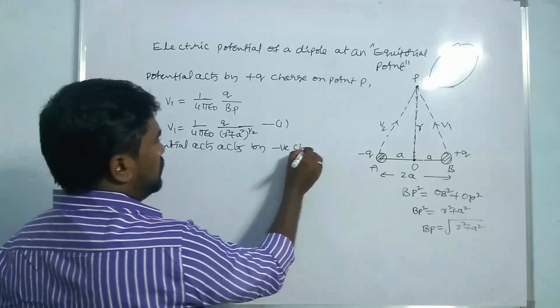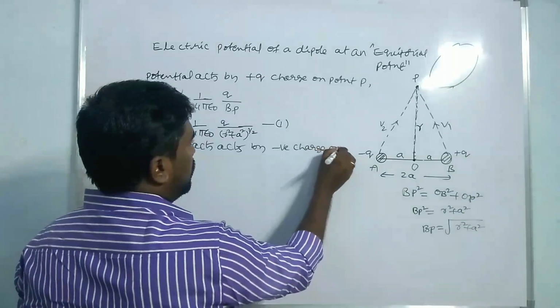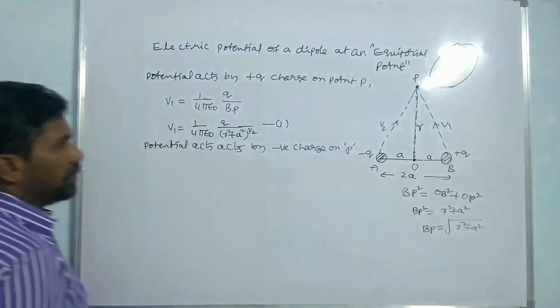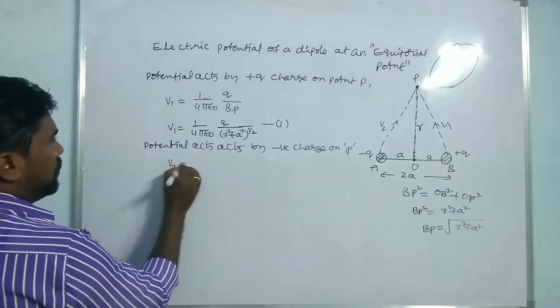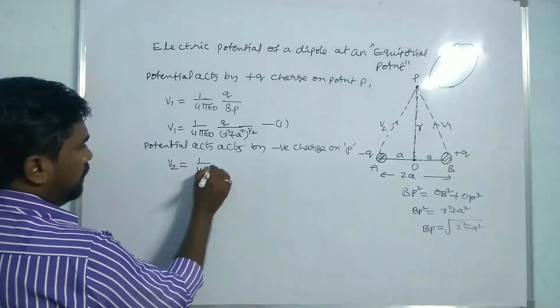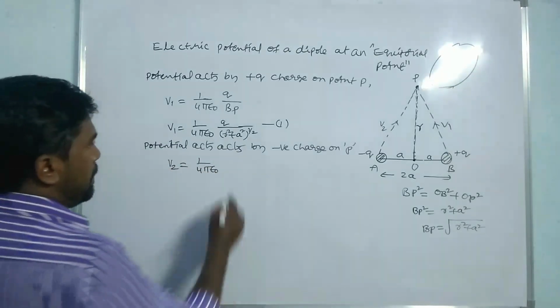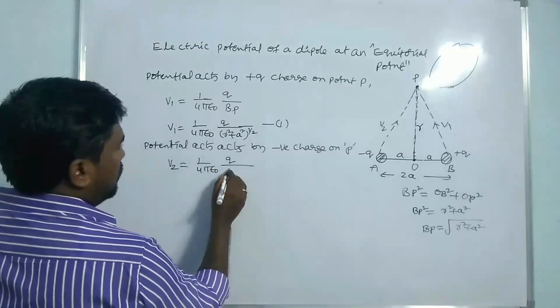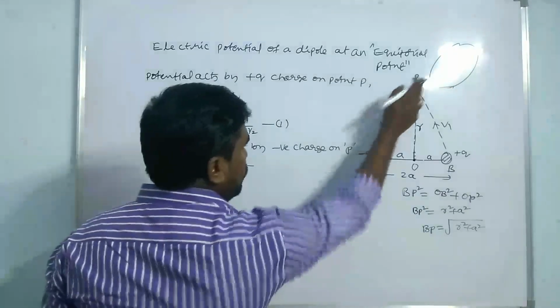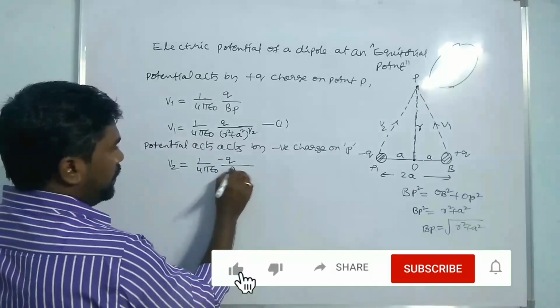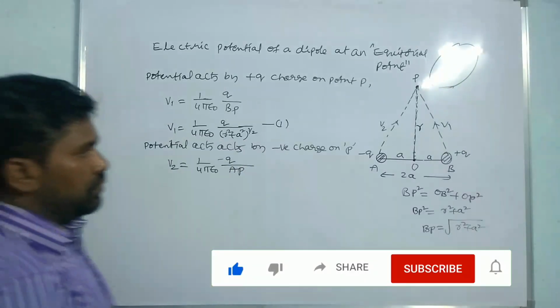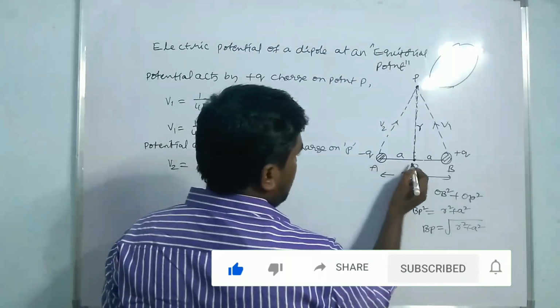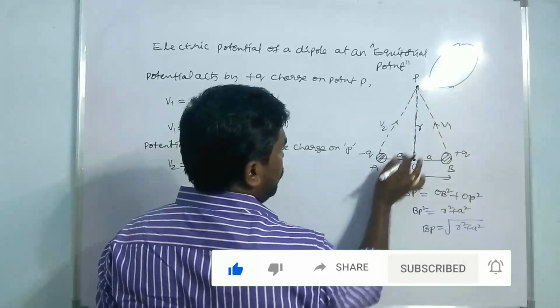Next, the potential acting by the negative charge on point P. That is V2 is equal to 1 by 4 pi epsilon naught, minus Q by AP.